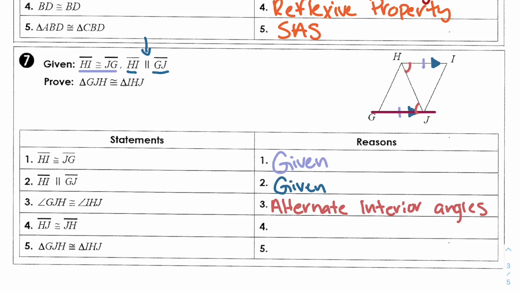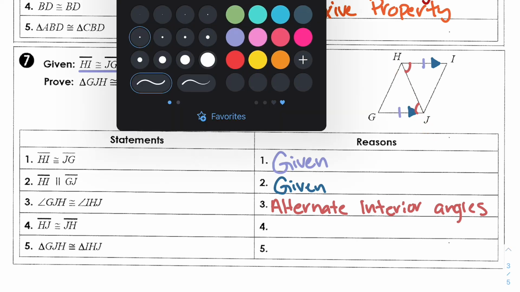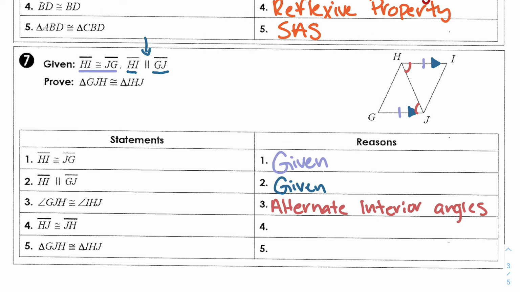Let me erase this so we can see a little bit better. Now, my next statement is HJ is congruent to JH. These are two triangles, and they both share a side, which means the side is congruent to itself. So why is that? It's the reflexive property.